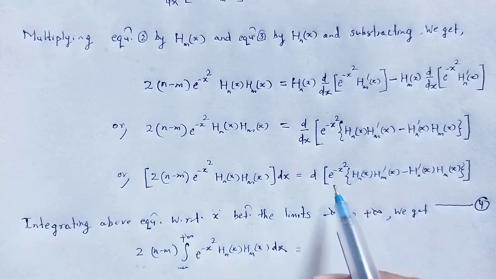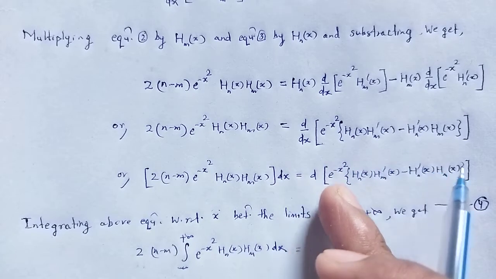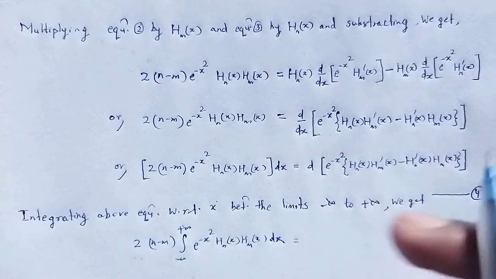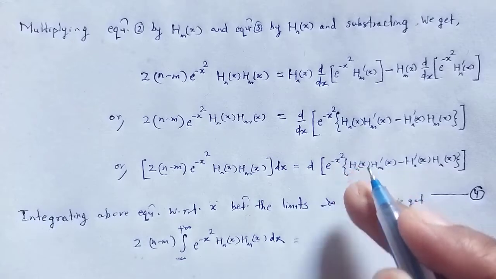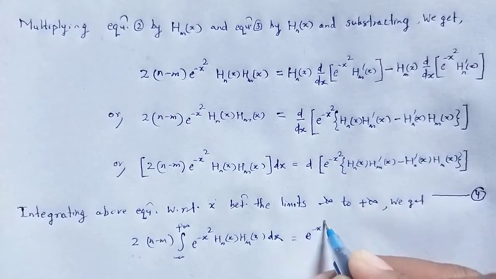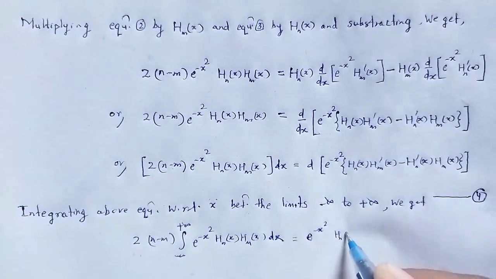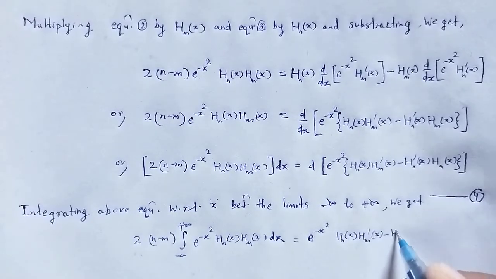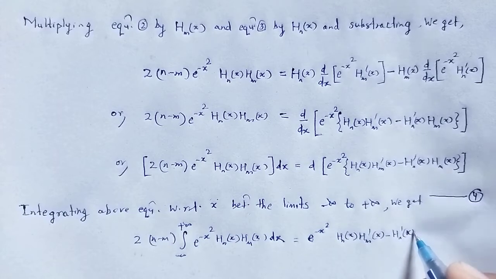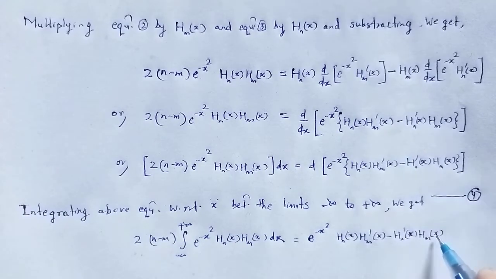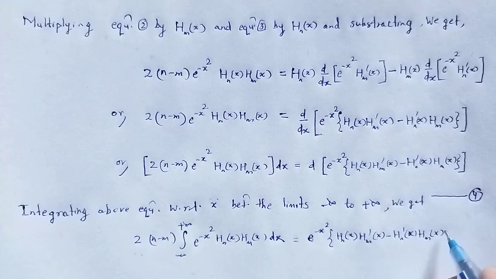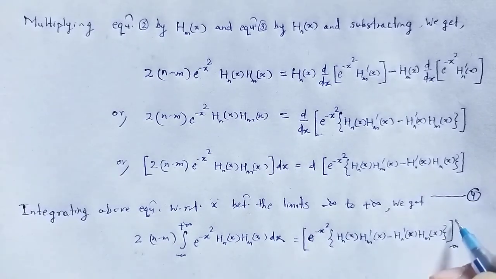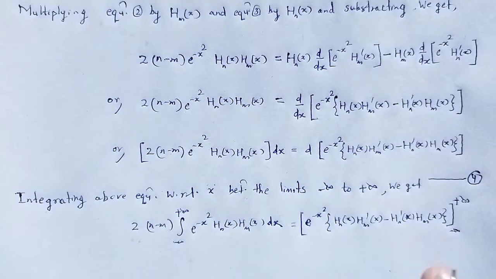Then integrating that term, the differentiation will be cancelled out, only that term exists. We have to use the upper limit and lower limit concept here. That will be e to the power minus x square, Hn x Hm dash x minus Hn dash x Hm x, using the limit from minus infinity to plus infinity.